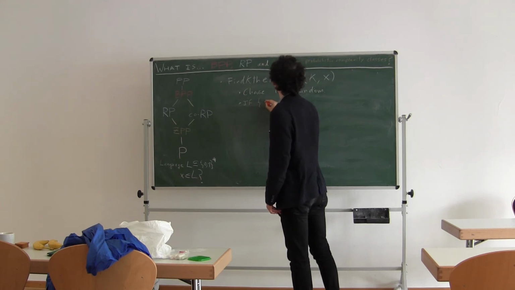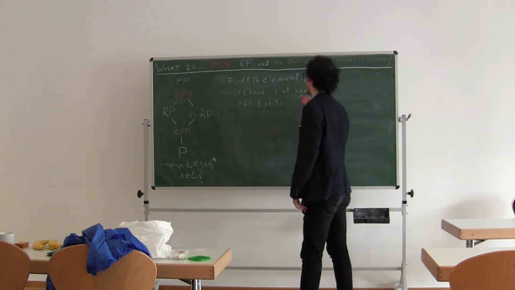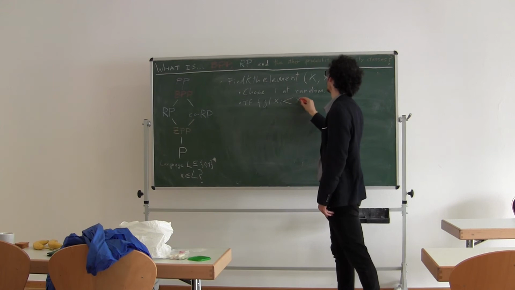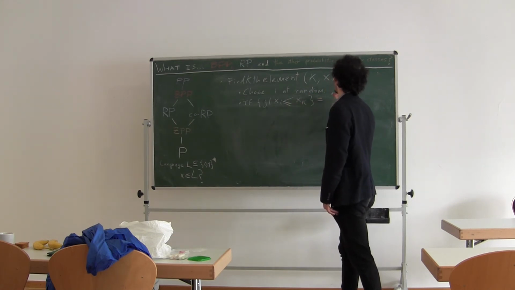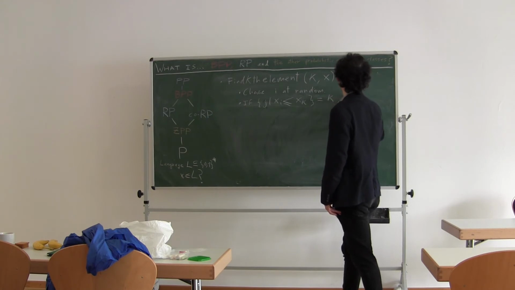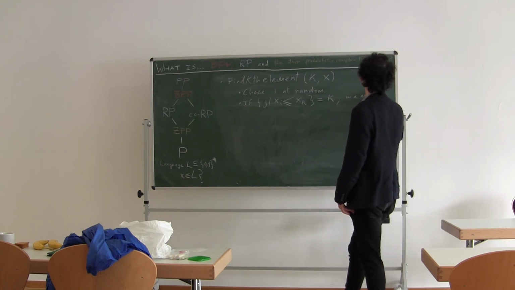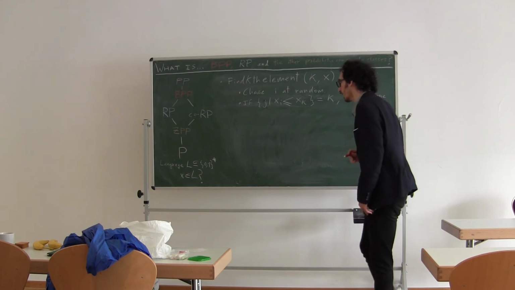Let's say j such that x_a is less than x less or equal than x_k is equal to k, we are done.